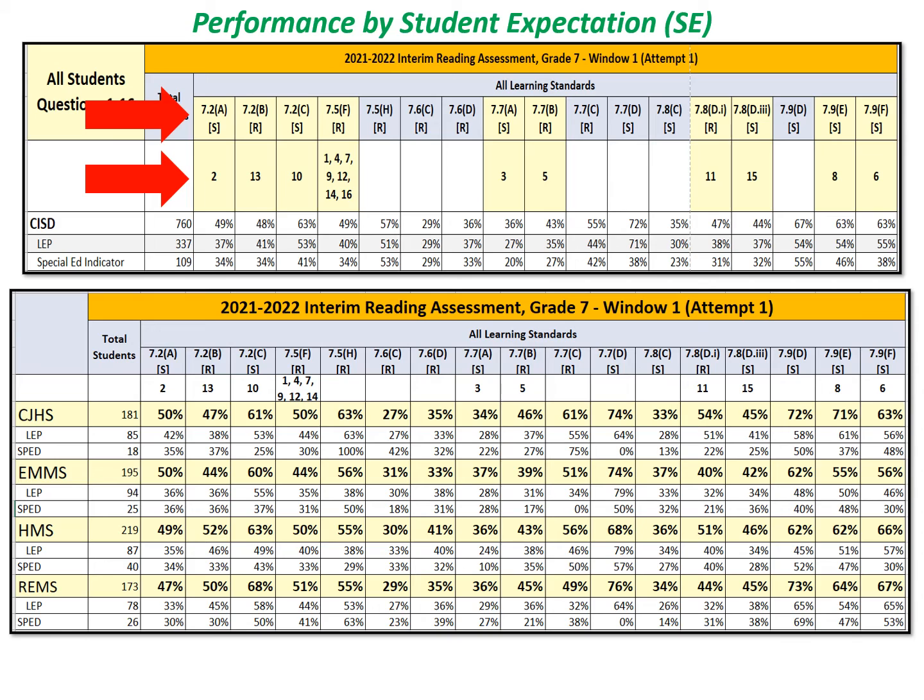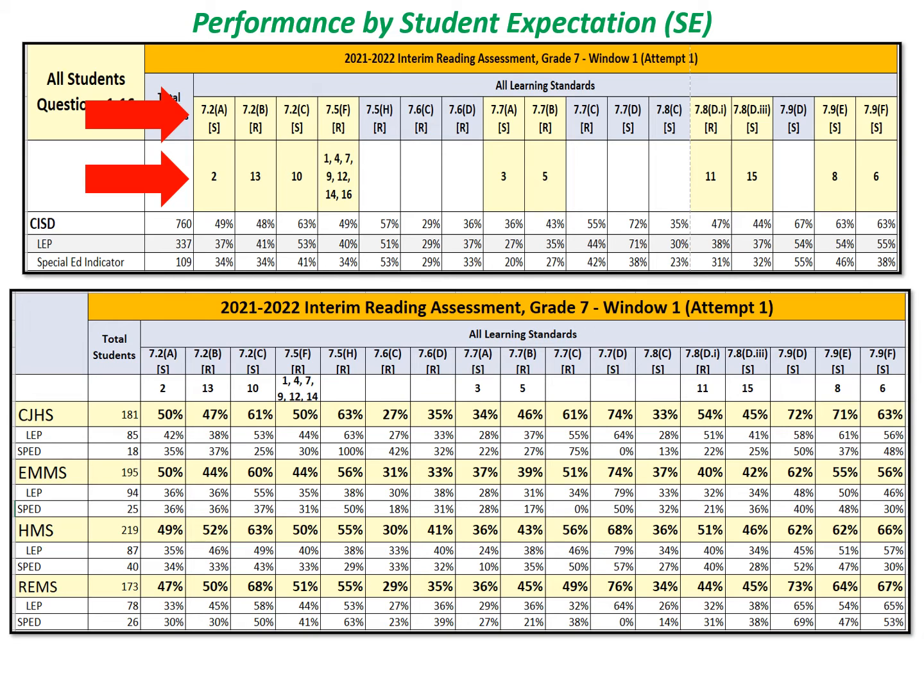So 2A was question 2, 2B was question 13, 5F had several questions: 1, 5, 7, 9, 12, 14, and 16. 7A was question 3, 7B was question 5, 8D1 was question 11, 8D3 was question 15, 9E was question 6, and finally 9F was question 6.